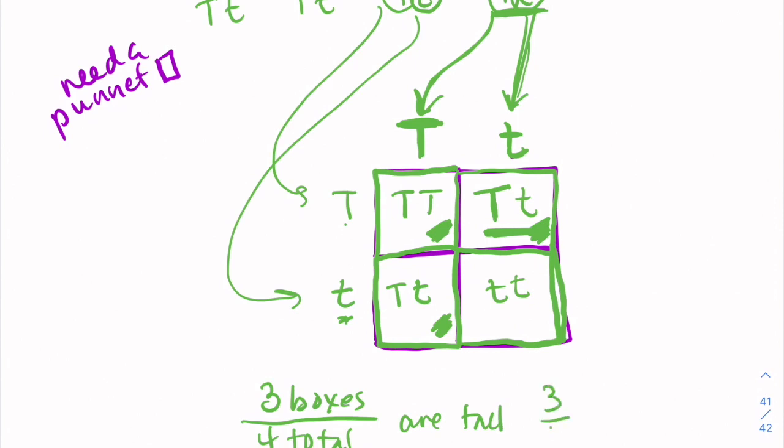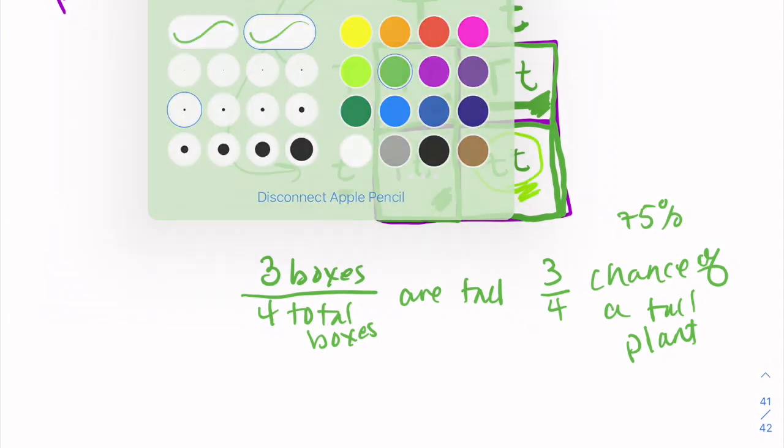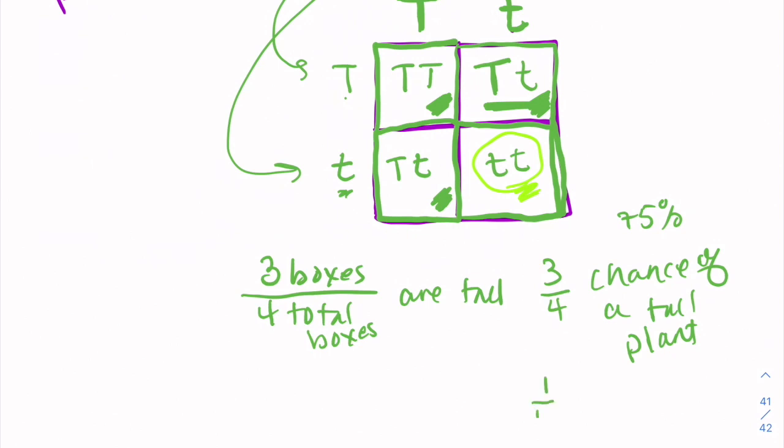So there's a 3 in 4 chance of a tall plant with this cross. You can divide it out and say 75%, that's fine, or you can just leave it as 3 out of 4, that's fine. But only one box out of 4 is short.